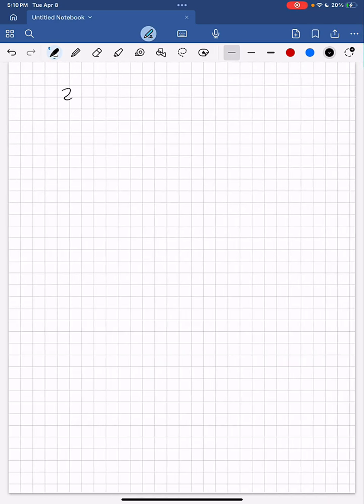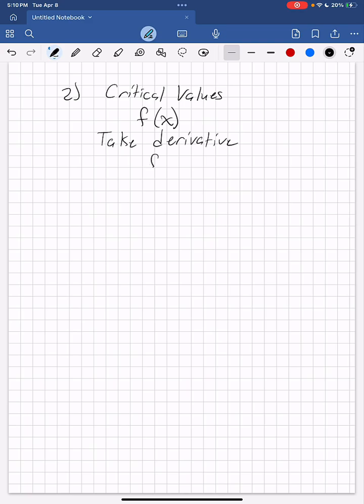All right, the next thing we're going to talk about is critical values, and I want to give you the process of solving for the critical values. So if we have a function f of x, to find the critical values, first we take the derivative, so we have f prime of x. Then we set it equal to 0, so we are going to solve f prime of x equal to 0.